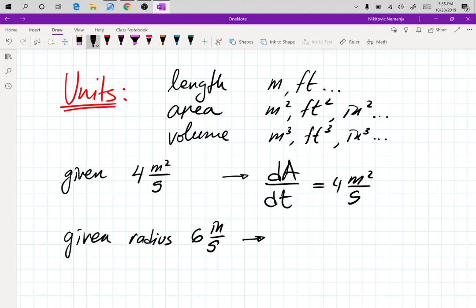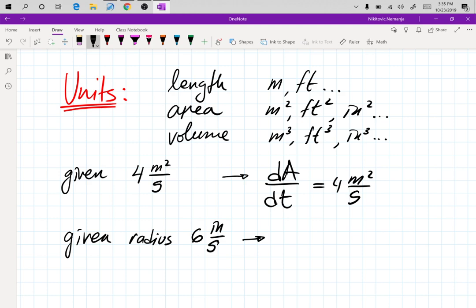When you have inches per second, that means there is progress in time, there is motion, and this radius is covering 6 inches per second in terms of growth. Given radius 6 inches, that's just a length of 6 inches. There is no progress, no change, because there's no time for this growth to happen.